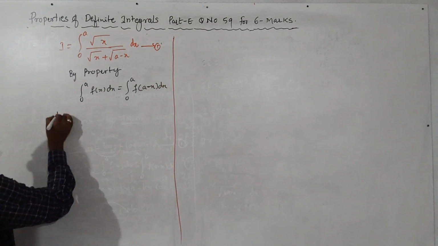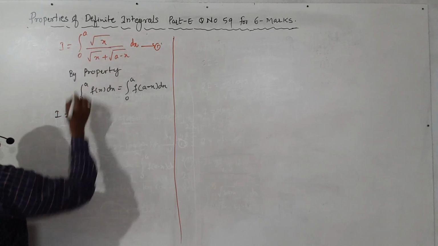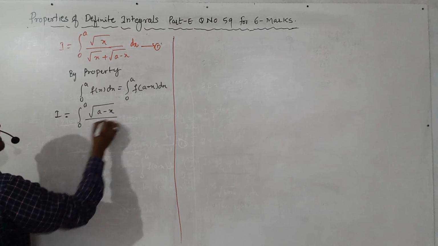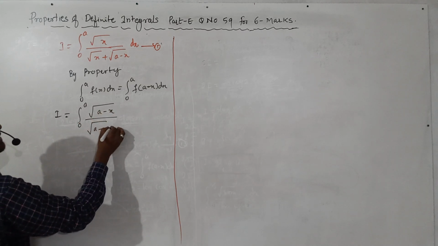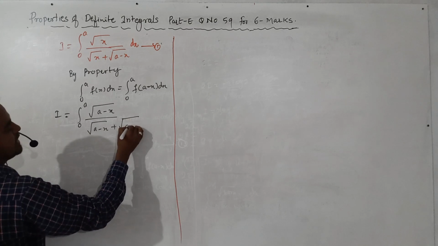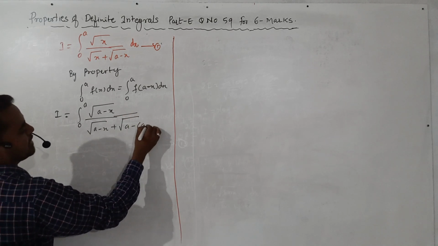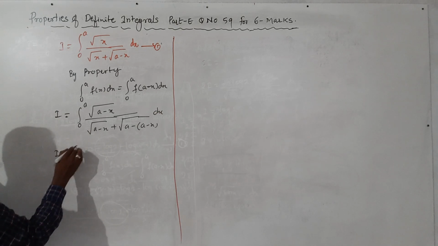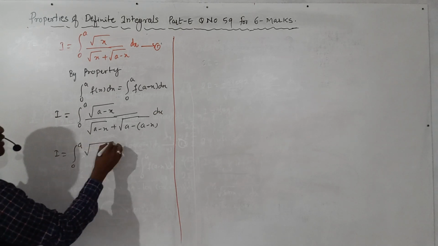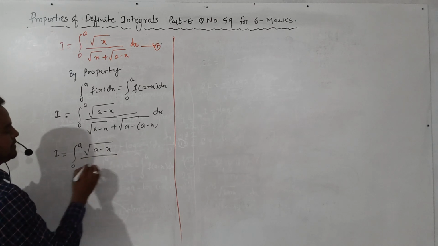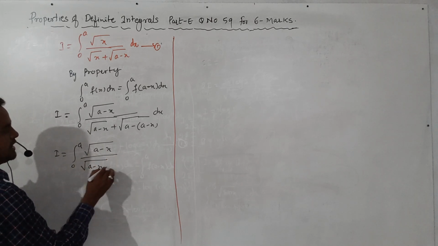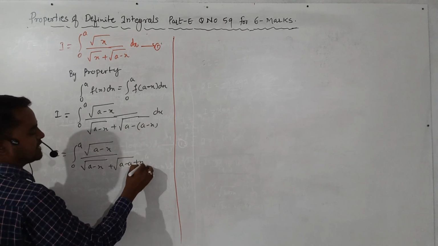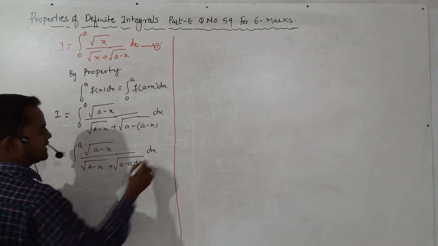Now applying this property to this, I is equal to integral 0 to a, where x changes to a minus x. I is equal to 0 to a root of a minus x divided by root of a minus x plus root of a minus (a minus x) dx.